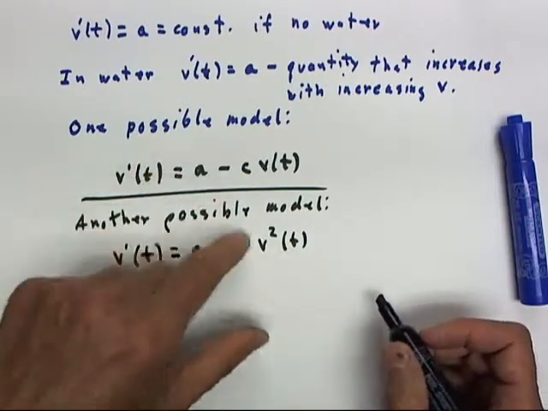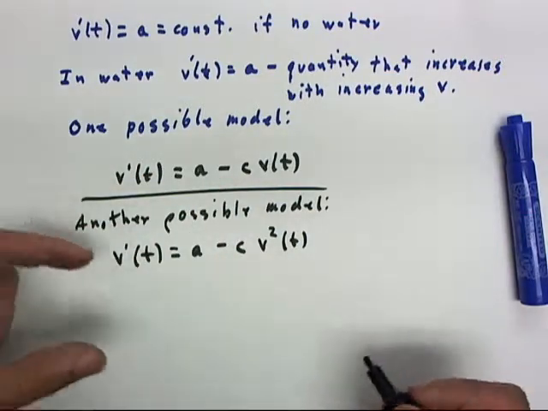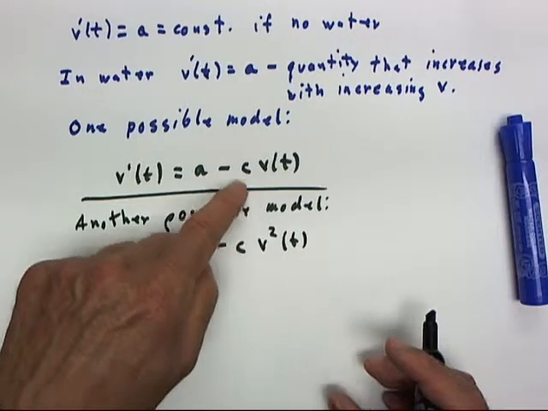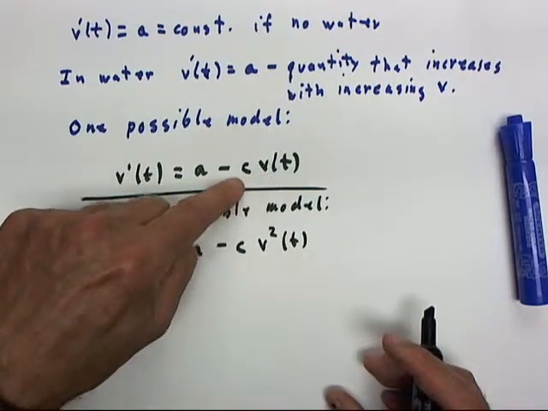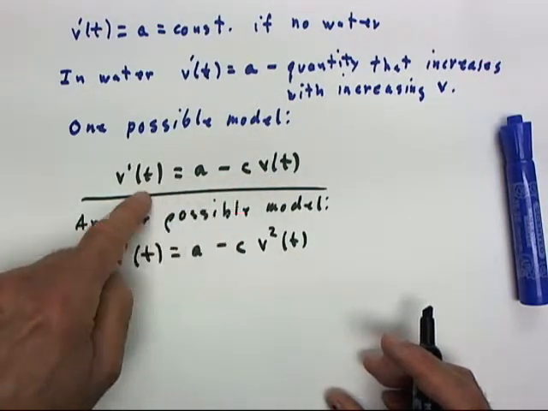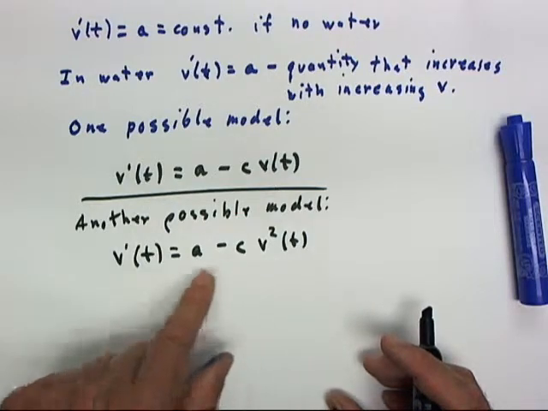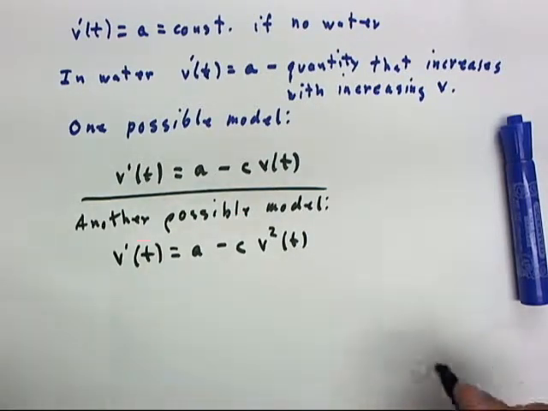And it turns out that if you go through the physics of it and test these things and analyze them, there actually are cases when the velocity isn't too great where this kind of model pretty much applies, and others where this model pretty much applies.